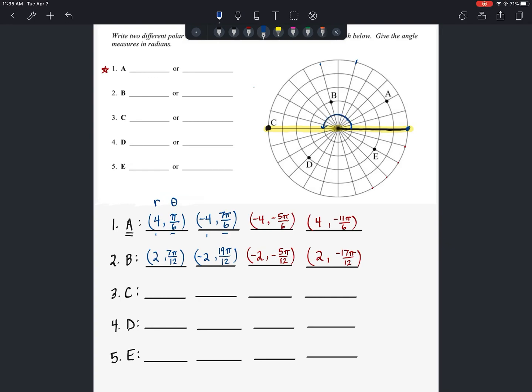So that would be pi radians. And it looks like our radius value is 5 on that one.